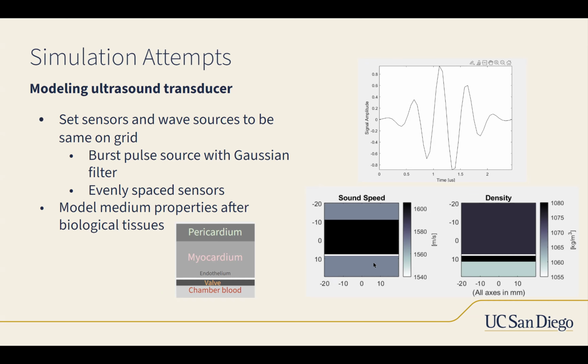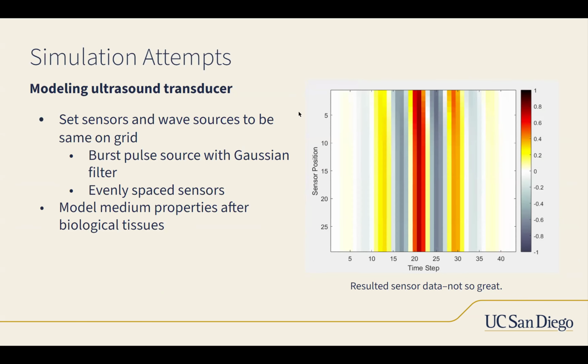I divided up the grid so that different parts of it have different medium density and velocity based on the previously provided table, where pericardium, which is mostly connective tissue, should have this density, and myocardium is muscle, it should have this density, and sound should travel this fast, etc. And I didn't get much success with it. It can detect that the change in tissues is perpendicular to the sound traveling through it, but other than that, it's not as clear as the one I did before with a simple point source.